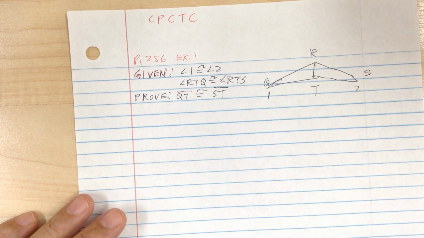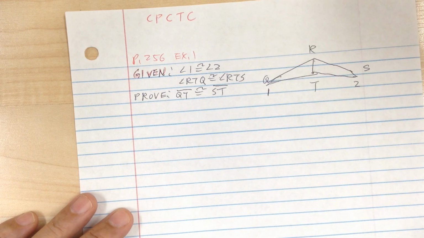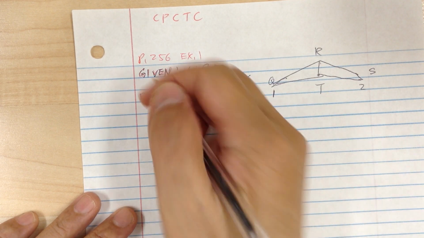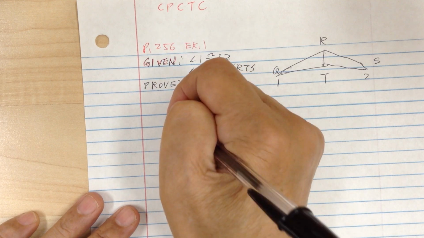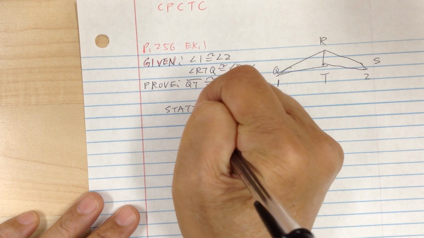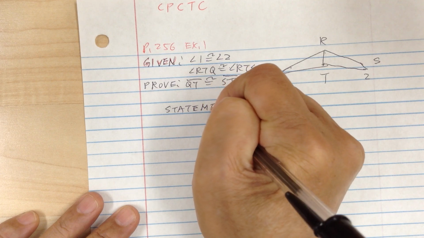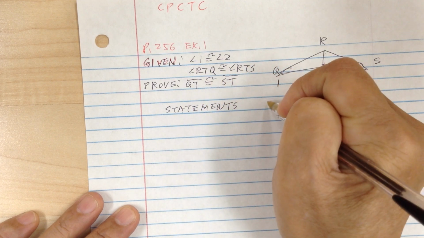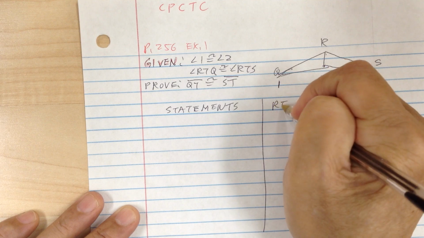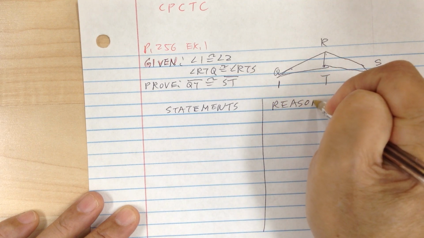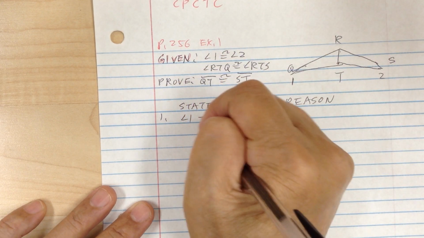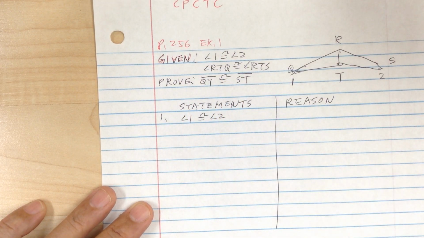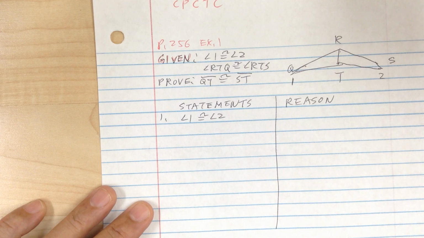So first, here's your statement. And here's your reason. Again, step 1, we always write down the given. So angle 1 is congruent to angle 2. As you write it down, you need to mark on this.